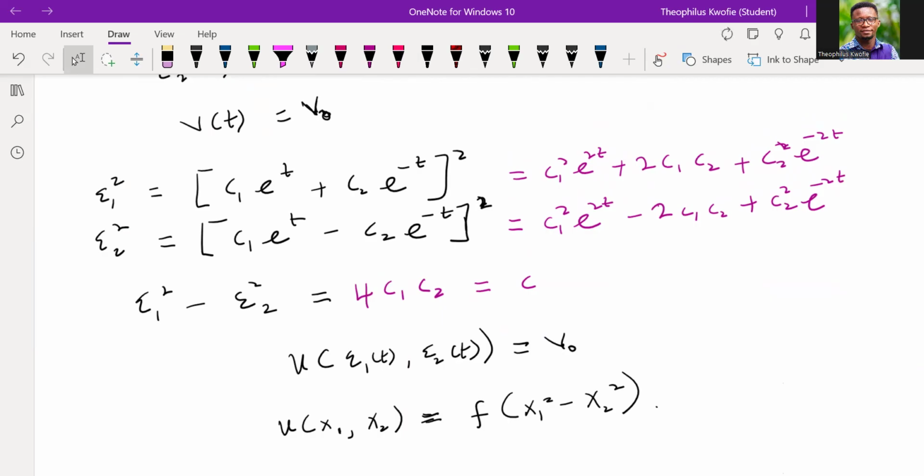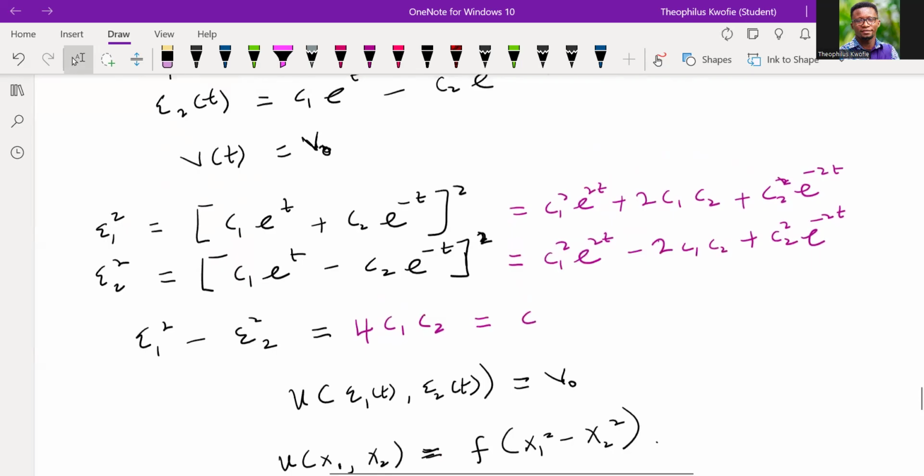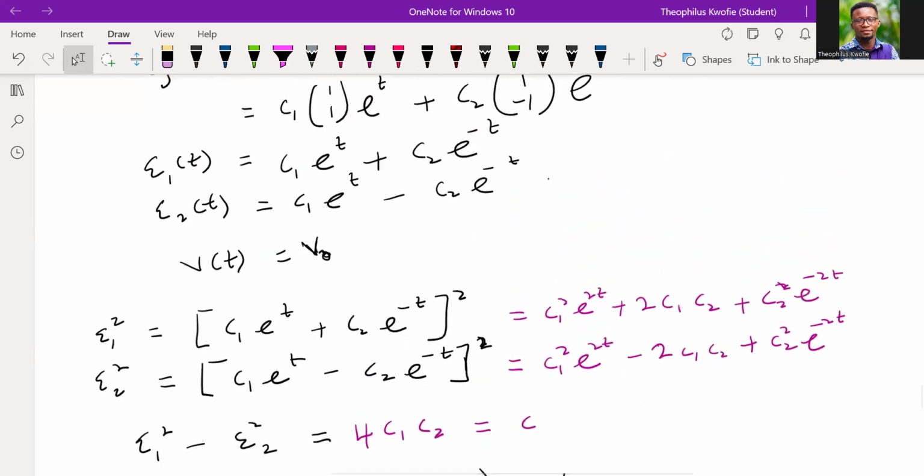We can try and see if this indeed is a solution. If this is a solution to the PDE, then so be it, it means that we've been able to solve the problem. Remember, when we looked at the difference, it was a constant. It just tells us that the characteristic curves are hyperbolas, and the solution remains constant along these hyperbolas.